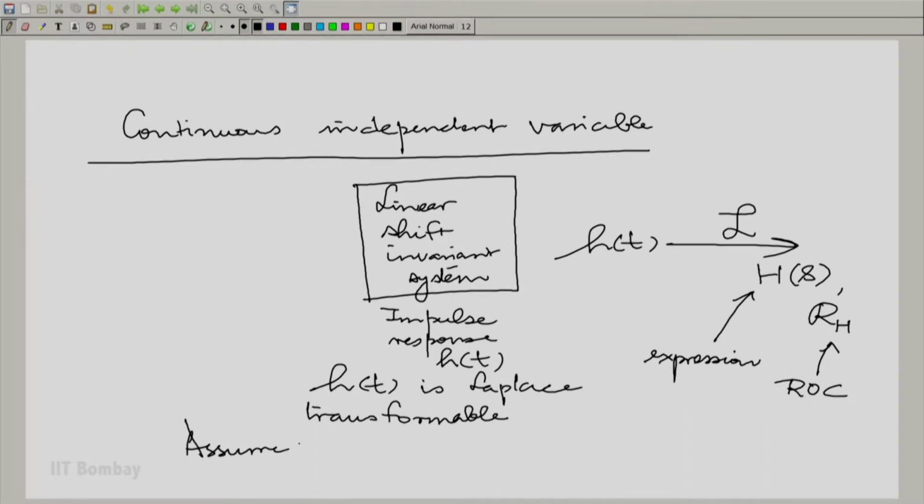We shall assume that H of S is rational. So, therefore, we are actually looking at a restricted context. We are not trying to look at all possible continuous independent variable systems which have a Laplace transform for their impulse response. That is because more general systems could be a little tricky to deal with.